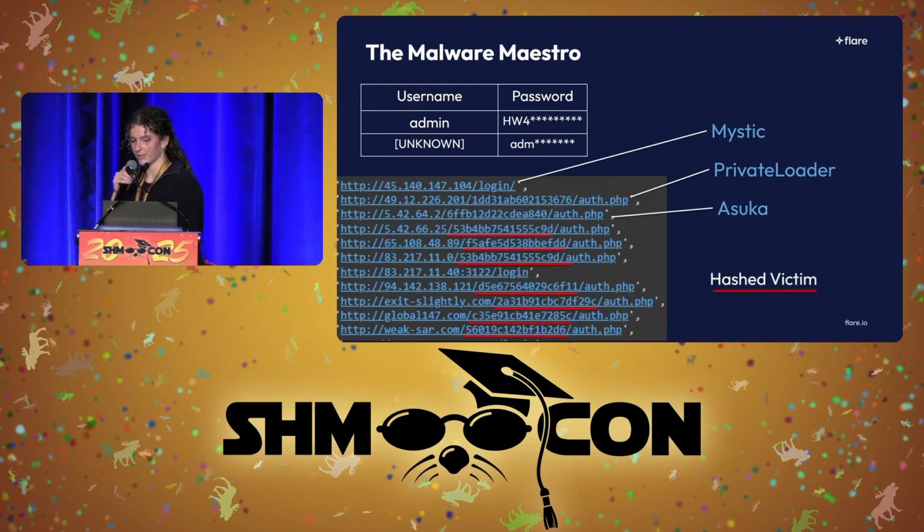So here we are in the presence of someone actually operating 4 known families and types of malware, which are the Raccoon InfoStealer, the Mystic multifunctional malware, the private loader, which is a malware loader, and the Asuka Trojans. And the remaining ones, we don't even know if they're other types of malware, but it suggests the Maestro was operating a comprehensive malicious ecosystem.